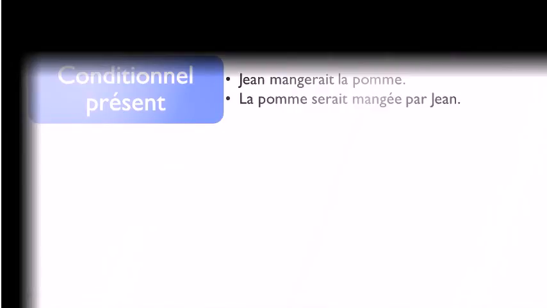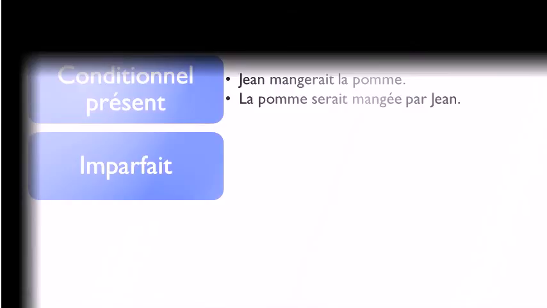So let's have a look at the conditionnel présent because we saw it already in the previous unit. Jean mangerait la pomme, would eat, c'est mangerait la pomme. So if you change it, la pomme serait, and that's the conditionnel présent form of être, mangé par Jean.